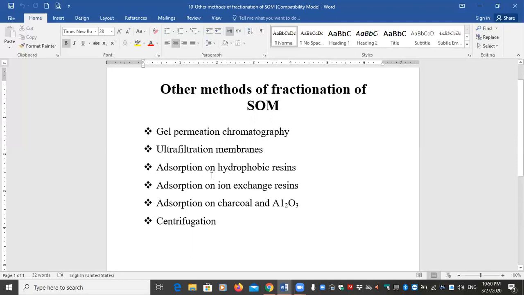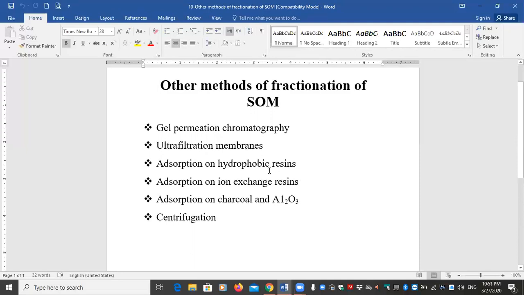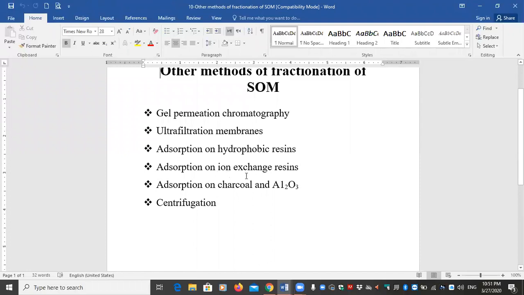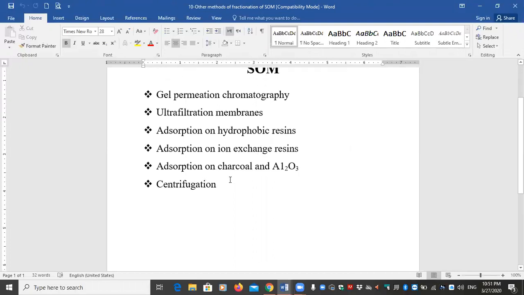Then we have adsorption on ion exchange resin. Ion exchange means they will depend on the charge of these. When we say ion exchange, that means the charges are involved, positive or negative. Adsorption on charcoal and Al2O3. Charcoal is used very much as an adsorbent, and so you can also use these. Generally, these things you don't have to go into details on, but it is good to know they are there, and that so many different procedures exist.